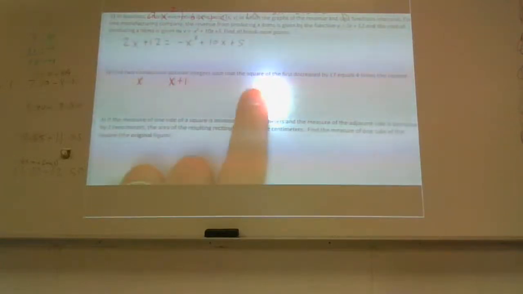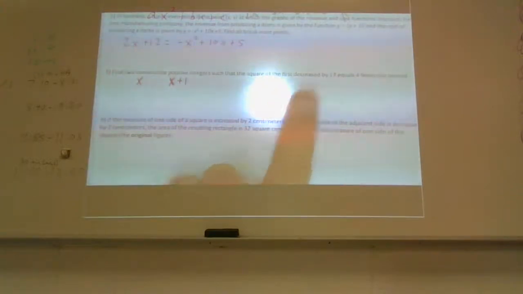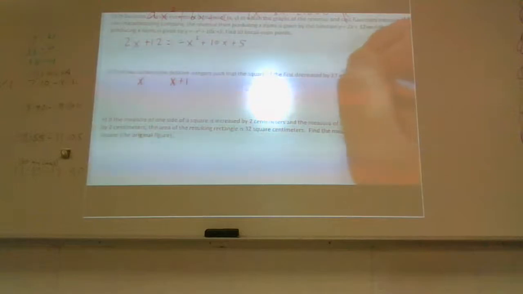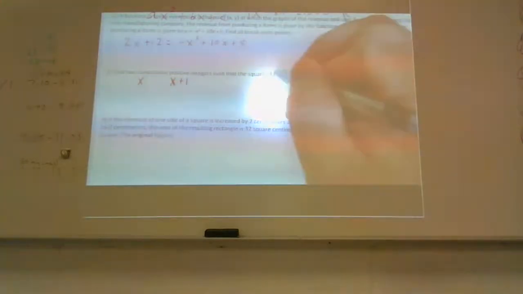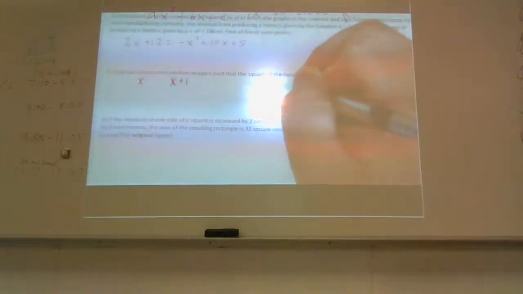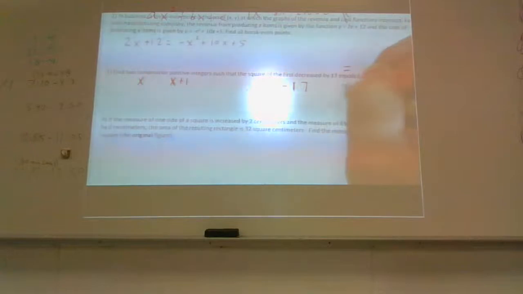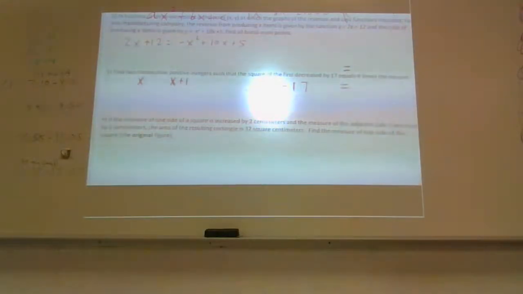Such that the square of the first decreased by 17 equals, just literally an equal sign, 4 times the second.